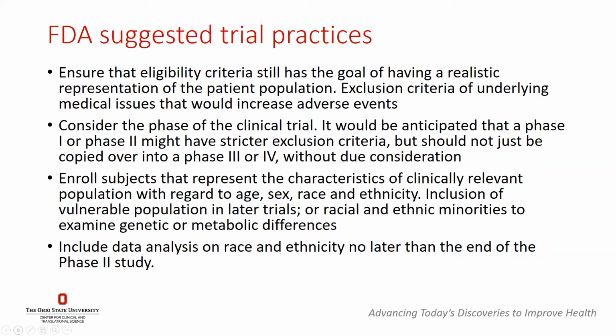So, what they're suggesting is that in your study design, you plan to do an analysis breaking down study results based on race and ethnicity, no later than the end of the phase 2 study, so that you would be able to capture any differences that may exist between the populations.